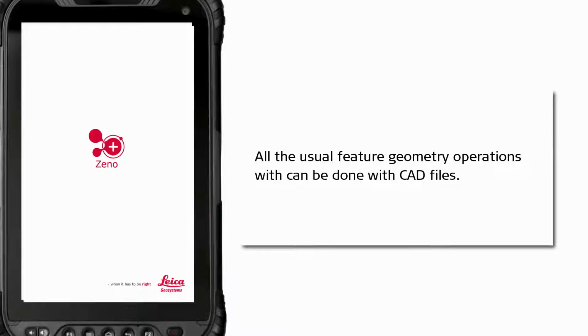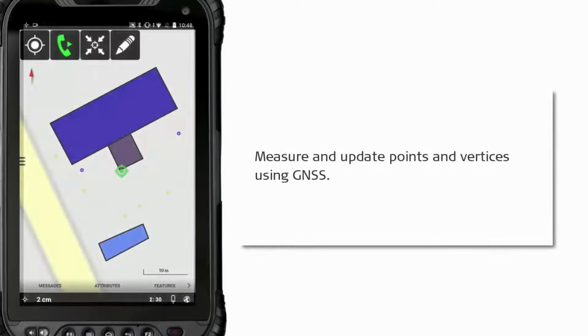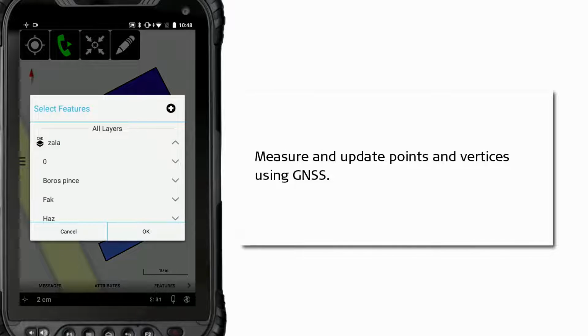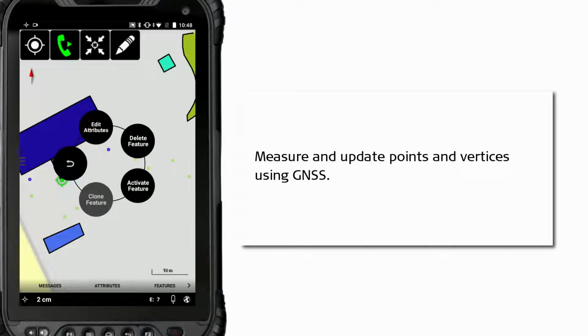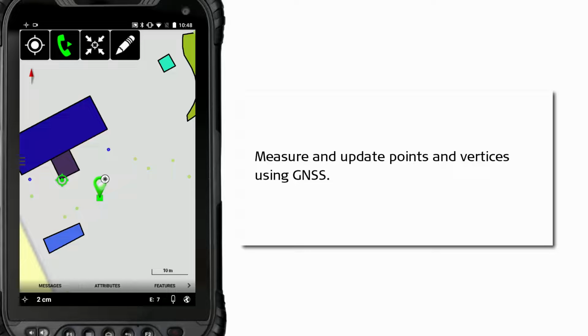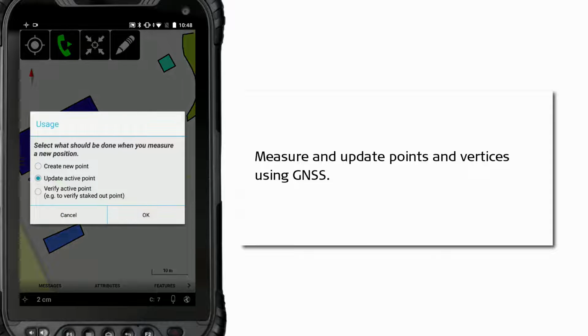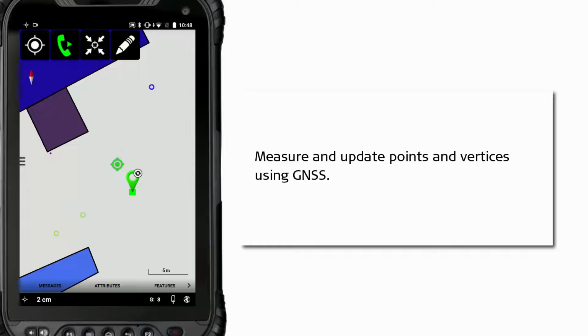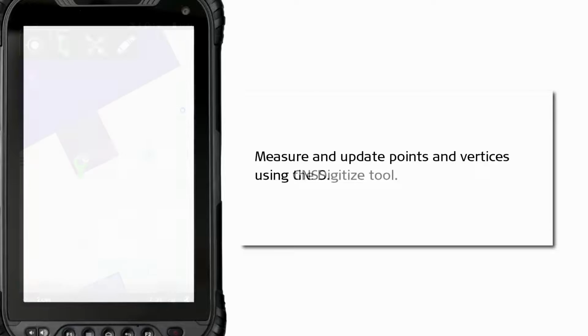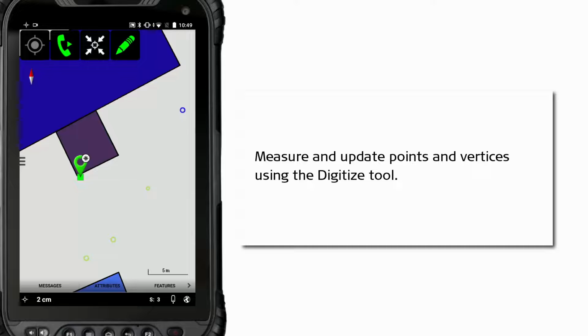Editing CAD files. You can perform all the usual featured geometry operations with CAD files as you can with Zeno Mobile features. That includes measure and update points and vertices using GNSS, measure and update points and vertices using the digitize tool.